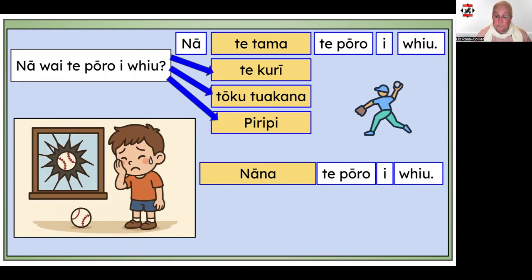He threw the ball. If he had a couple of other friends, nā rāua, they two threw. Or three or more friends, nā rātou. You'll notice that we still use the nā when it's a dual or plural pronoun. If the boy is feeling particularly honest, he might say, nāku te pōro i whiu. I threw the ball.